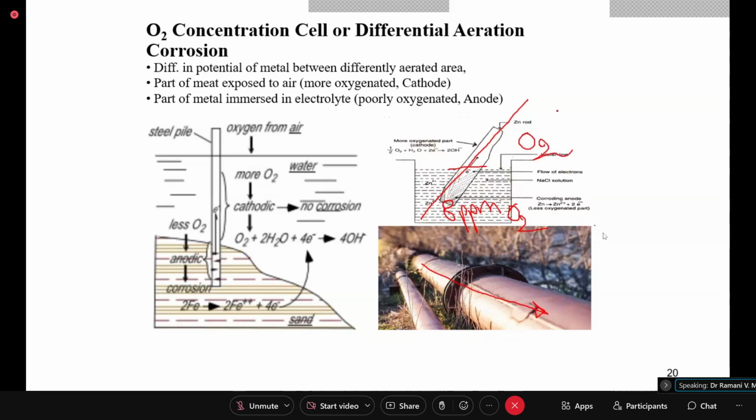What is the percentage of oxygen in air by weight and by volume? If you measure 1 cubic meter of air, what is the percentage of oxygen in it and what is the percentage of nitrogen? Anyone knowing? 21 oxygen and 78 nitrogen.